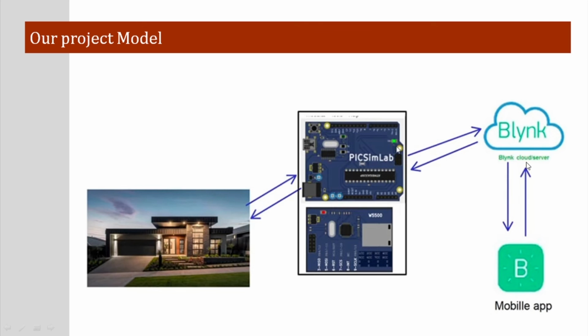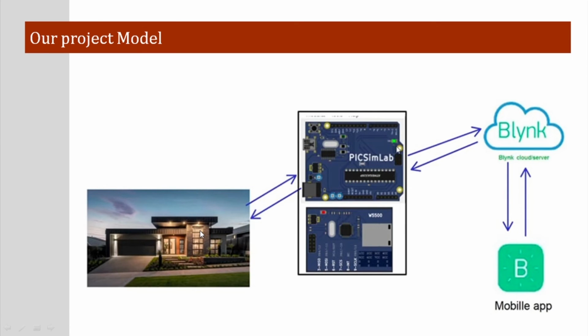Then the instruction goes to the Proteus, I mean the Arduino Uno board, which processes the instruction and sends it to the devices in the home. Thereby the devices are controlled.